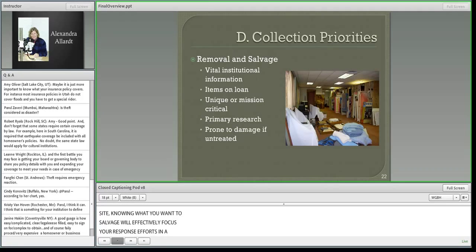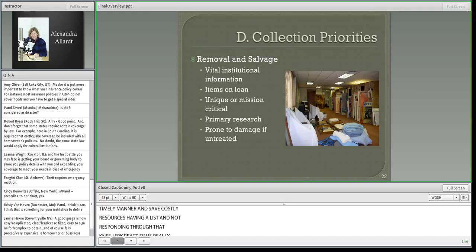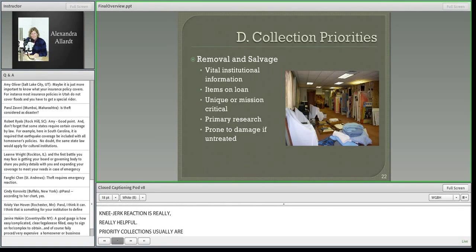Now, priority collections usually are collection records and vital institutional information. This means your collection management database or catalogs if you have hard copies, and often certain financial and personnel records. Collection loans are also priorities, as you will have to notify owners immediately and seek permission to proceed with recovery efforts.